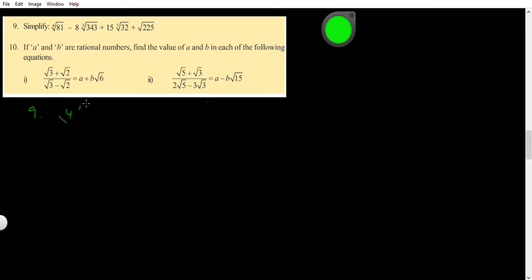Fourth root of 81 minus 8 times cube root of 343 plus 15 times fifth root of 32 plus square root of 225. Okay, we'll go to the first one.